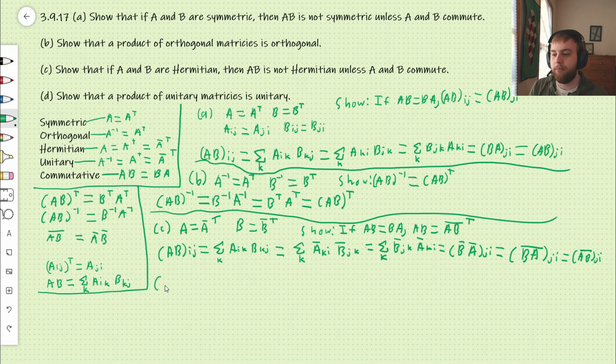And then finally, for part D, show that a product of unitary matrices is unitary.